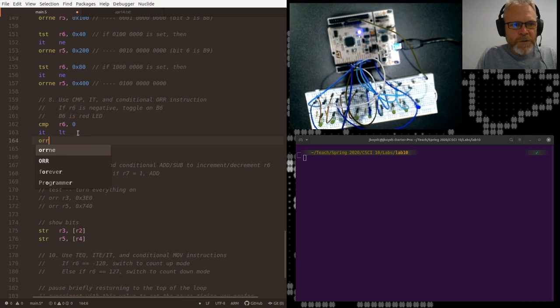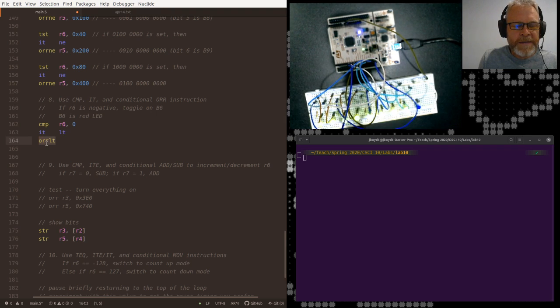And if that's true, look how I changed the condition. So this time I want to OR something on that less than outcome. It feels funny at first, and the homework is meant to address why this is this way, but we'll talk about that when I get past the circuit. Anyway, so if the comparison was less than, then I'm going to OR on that less than outcome.